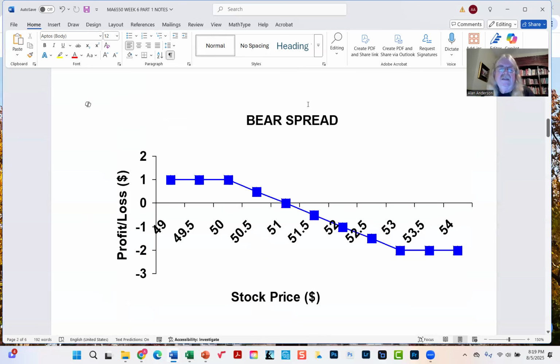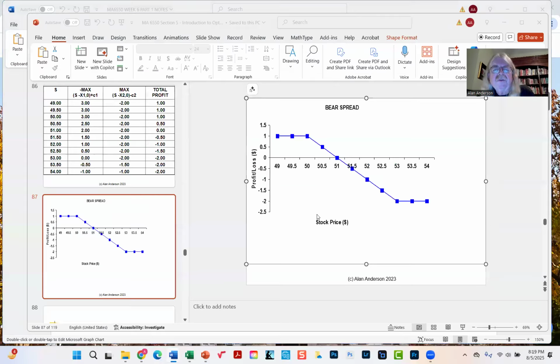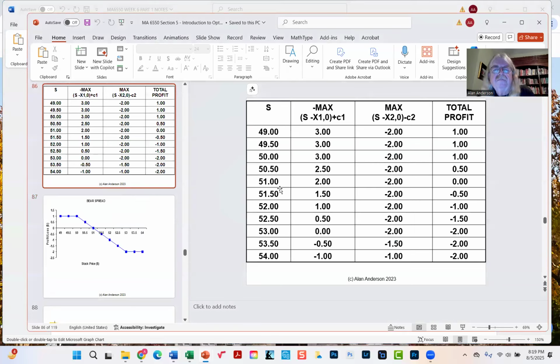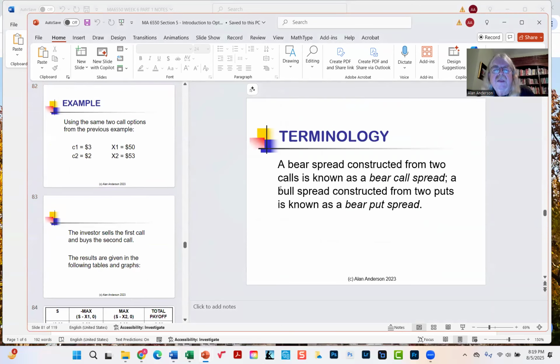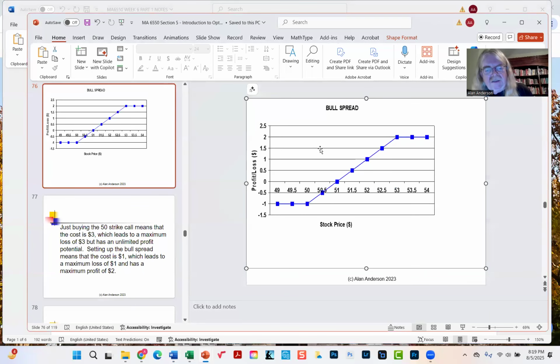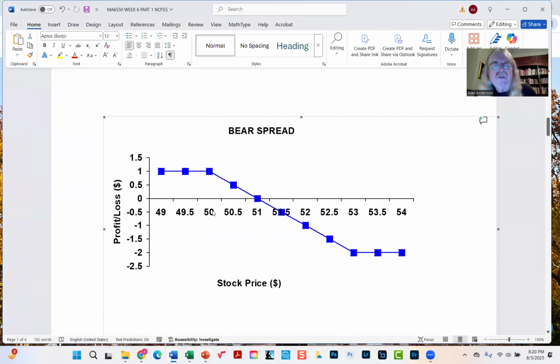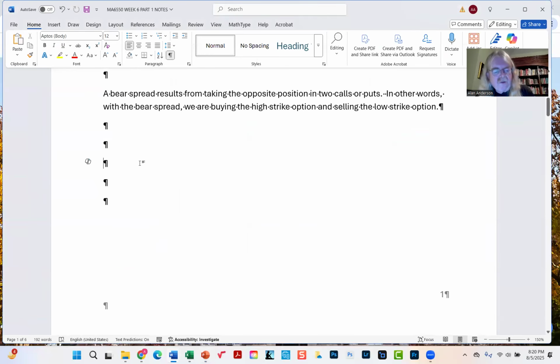There we go. So there's the bear spread. The corresponding bull spread looks like this. Here it is. In fact, you know what, I should probably put them next to each other from left to right. It might be even more instructive, but then they'll be really tiny.